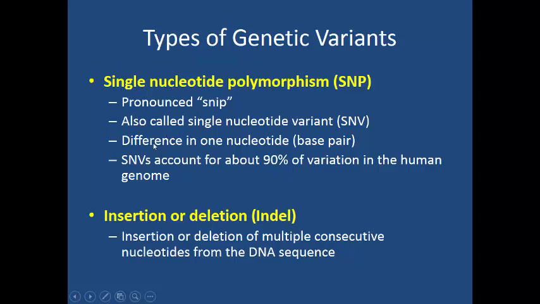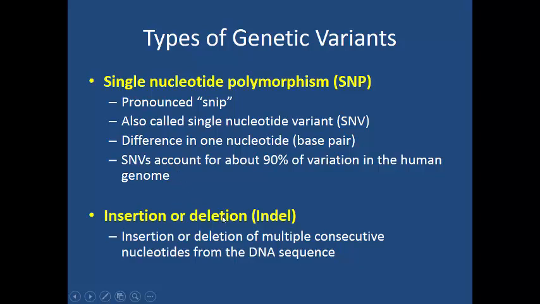It's just a difference in one nucleotide, one base pair. So at a particular spot in DNA, I might have a C, whereas my friend might have a T. That C-T difference is a single nucleotide variant. Now, if it's common in the population, it's called a single nucleotide polymorphism. Single nucleotide variants account for about 90% of variation in the human genome.